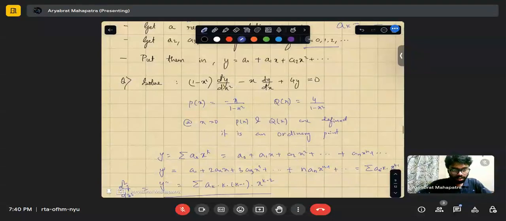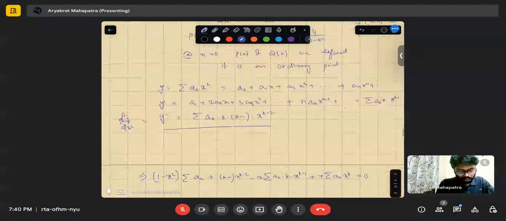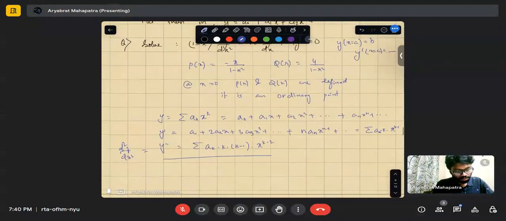So you have to end your solution with those two coefficients unknown, because they can only be determined if initial conditions are given, like y of a certain x equals some b, and similarly for y prime. If those initial conditions are given, then you can estimate a0 and a1 as well.